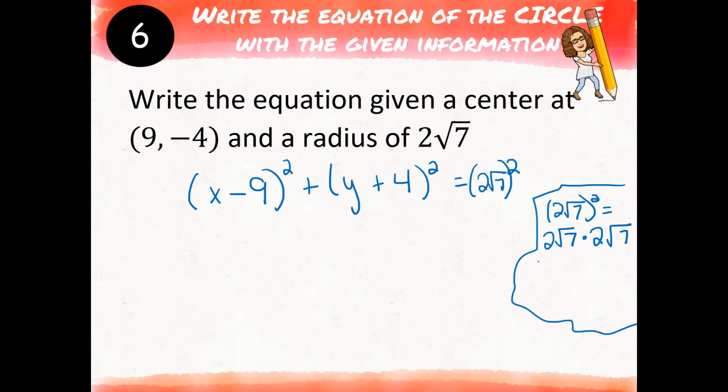So 2 times 2 is 4. Square root of 7 times the square root of 7 is the square root of 49. Well, square root of 49 is just 7, right? 4 times 7 is 28. So I can rewrite that side and then just fill in the left.